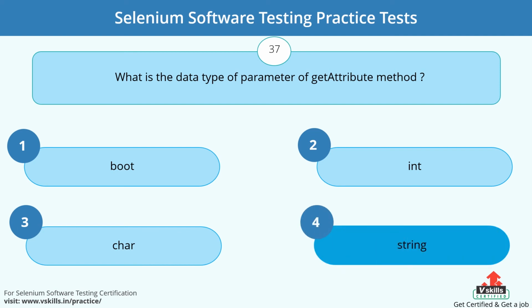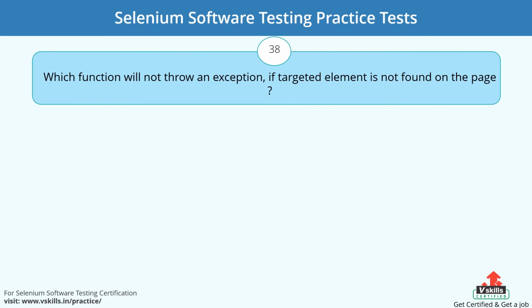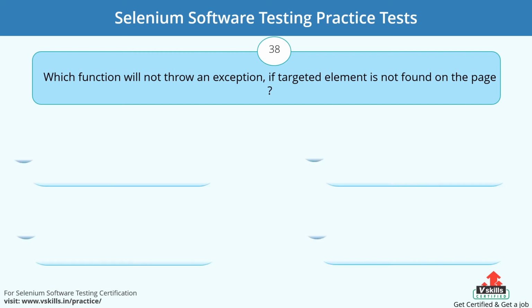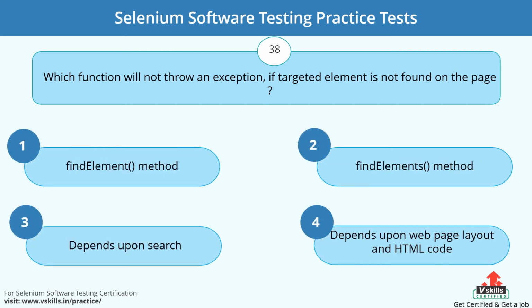Question number 38, which function will not throw an exception if targeted element is not found on the page? The options are A. findElement method. B. findElements method. C. Depends upon search. D. Depends upon web page layout and HTML code.